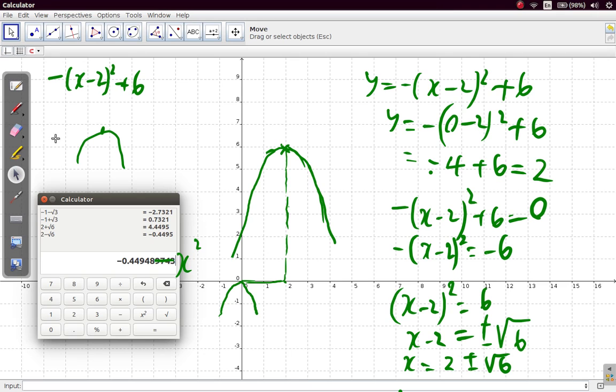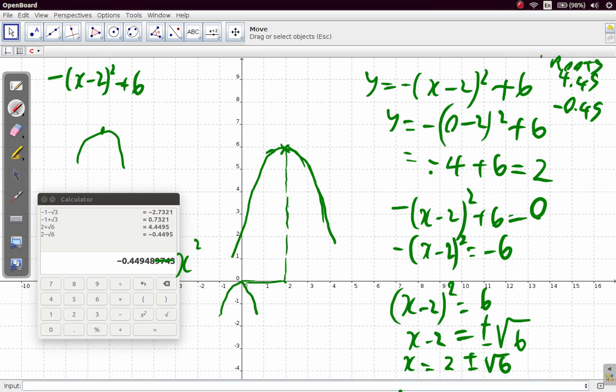So what you should have then, let's write it over here, 4.45 and negative 0.45. So these are the roots. All right. Let's erase these writings and writings here.